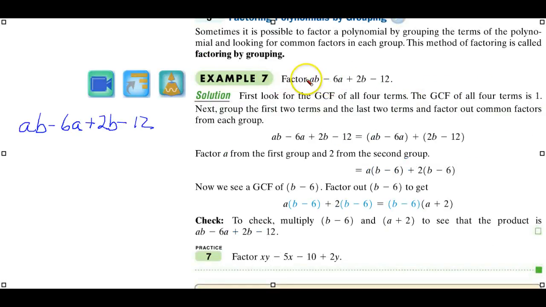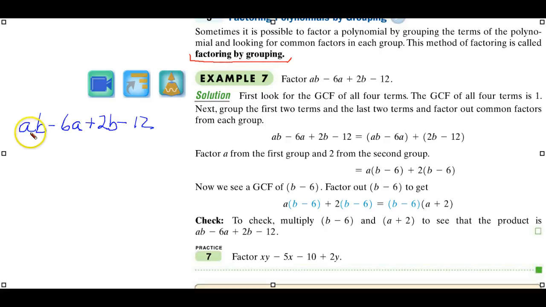Now, in example 7, there are 4 terms, and notice in 3 of them there's a common 2, but that's about it. There's no other common factors of all of them. So how could I possibly factor this? Well, we use this technique of factoring by grouping.